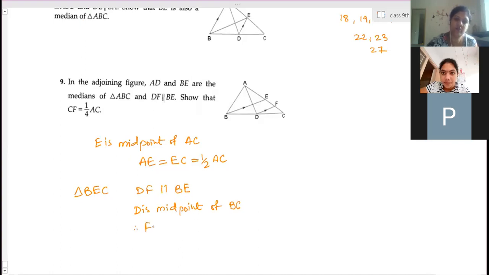So therefore by converse midpoint theorem, F is midpoint of EC.